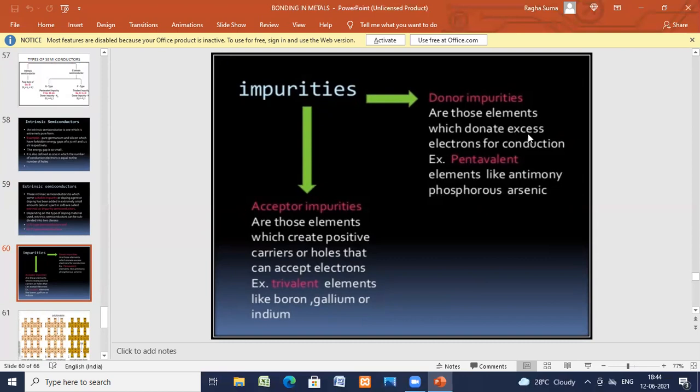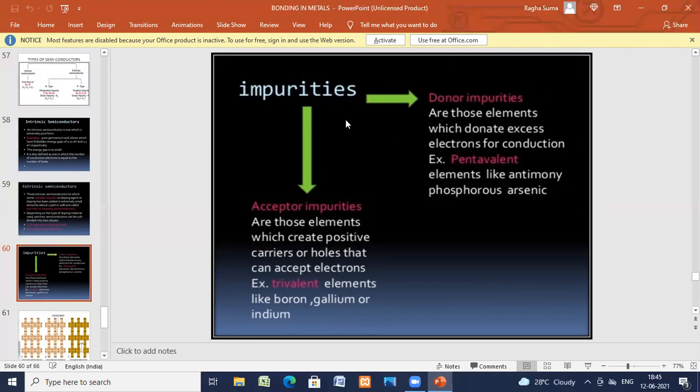Now coming to acceptor impurities: these are elements which create positive carriers or holes that can accept electrons. Example, trivalent elements like boron, gallium, or indium. These are third group elements, whereas the donors are fifth group elements.